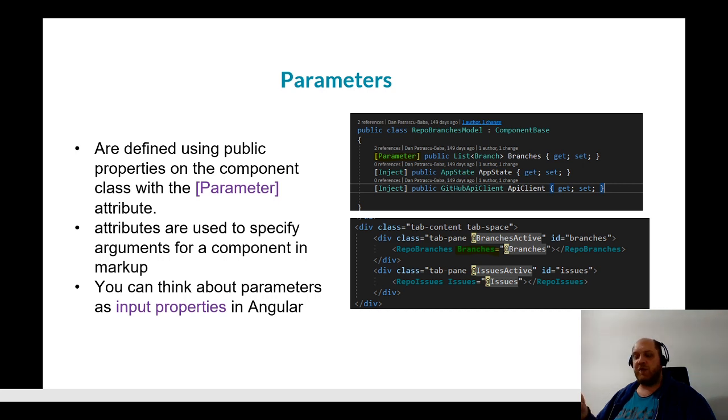This is where this app state service could come in, which means that if you click on a certain button and something happens, then the app state will change, and each component can listen to the changes that happen to that app state and display the updated information accordingly. This is why this app state service is very important in Blazor.